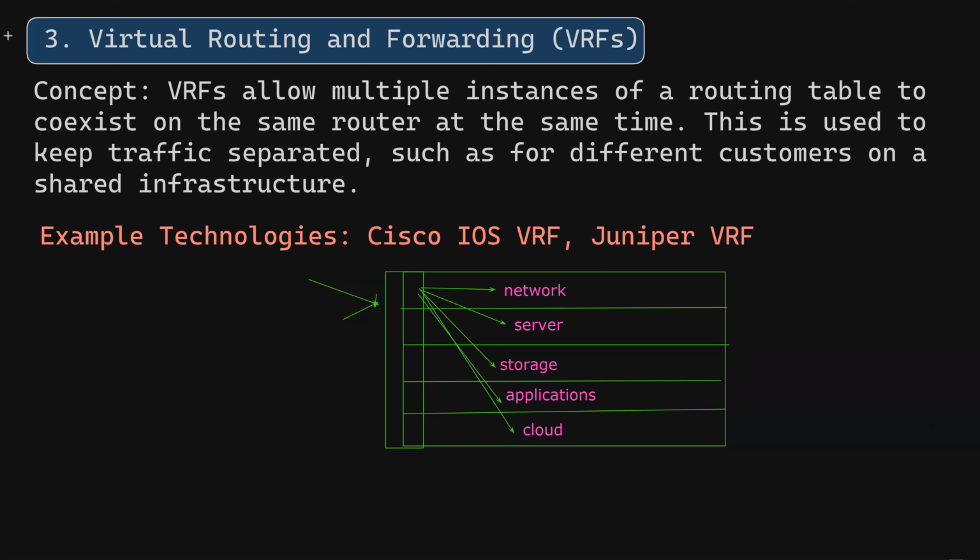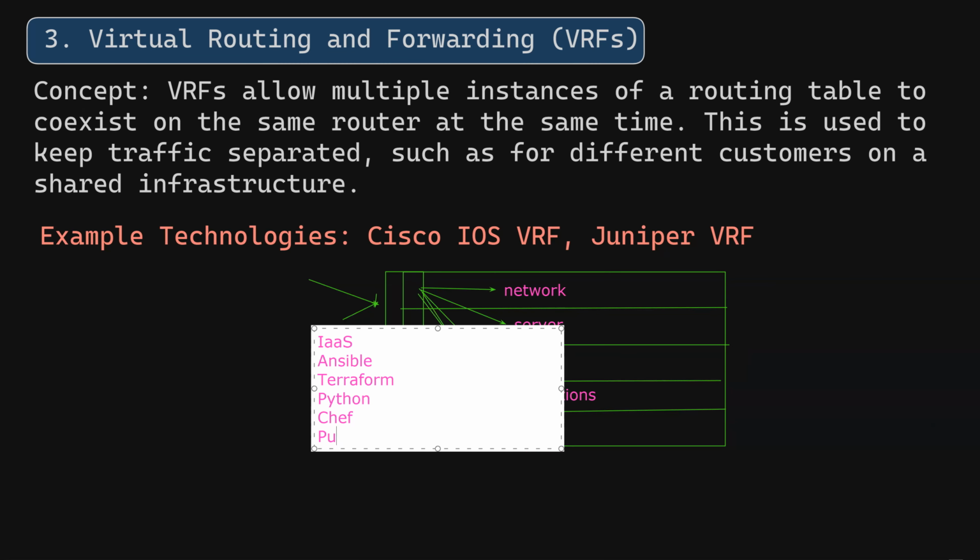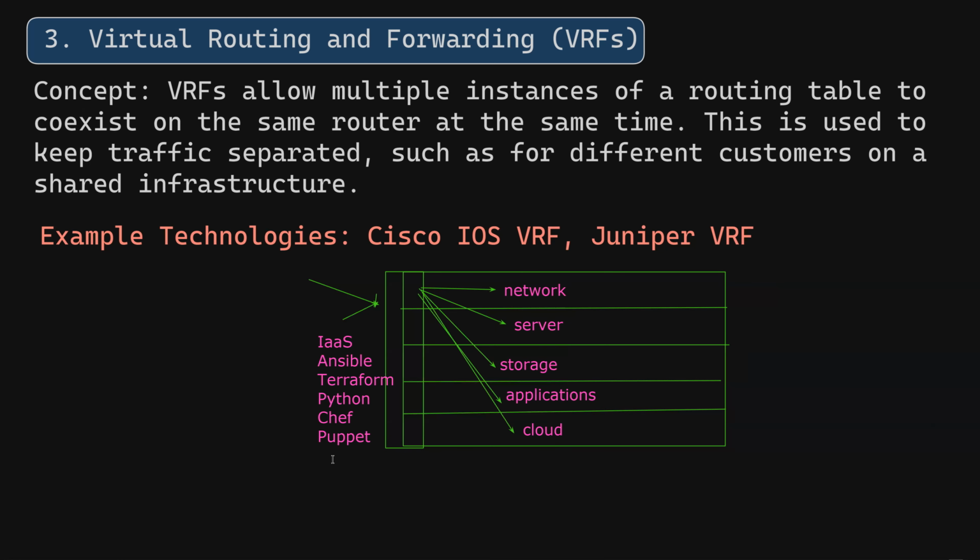Most of these repeated tasks can be solved with infra as code, IaC: Ansible, Terraform, and even a little bit of Python, Chef, Puppet. So Chef and Puppet may be doing some server-related and storage-related automation.